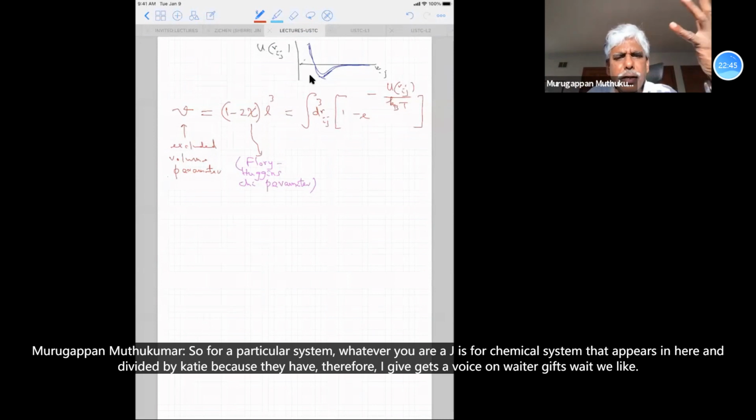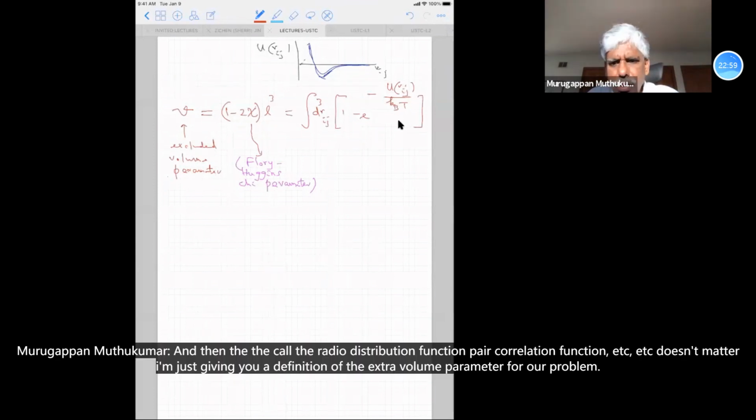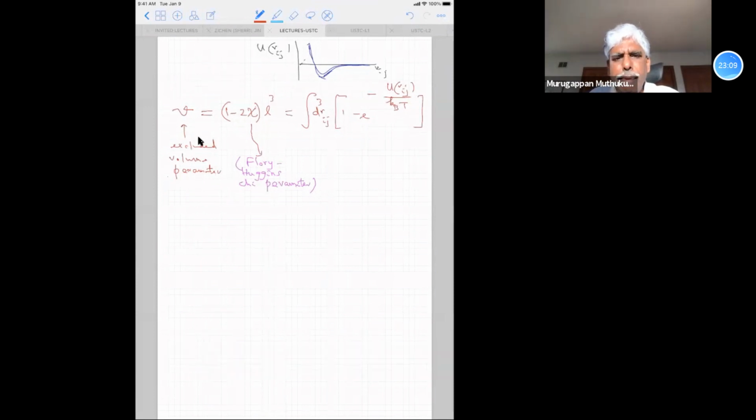So for a particular system, whatever U of Rij is for a chemical system, that appears in here. It is divided by kT because that gives the Boltzmann weight, or Gibbs weight, if you like. And this is called the radial distribution function, a pair correlation function, etc. Doesn't matter. I'm just giving you a definition of the excluded volume parameter for our problem.